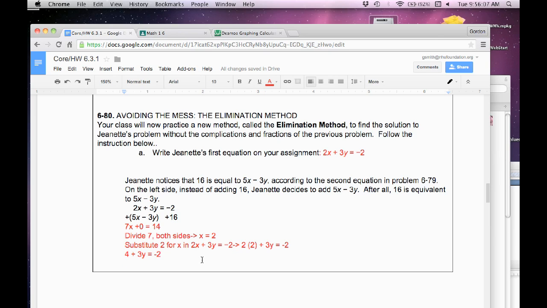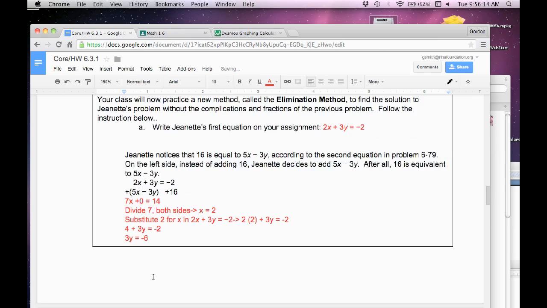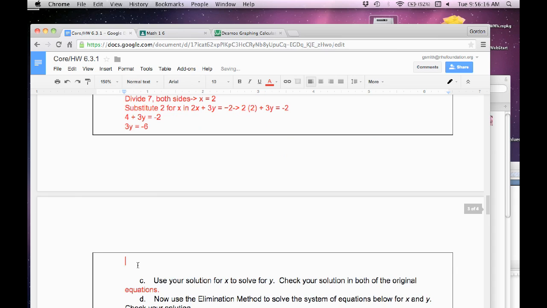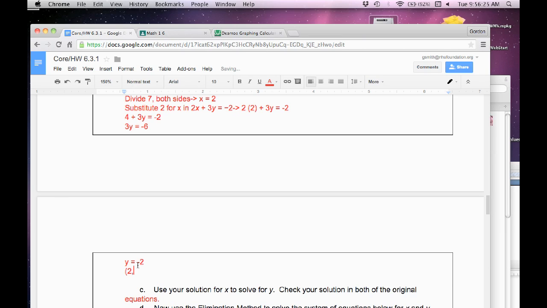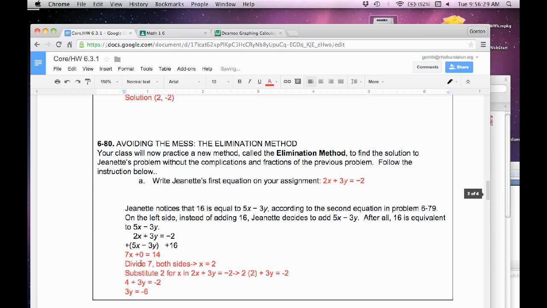I'm just going to be quick because we've already done this. 3y is equal to negative 2 minus 4, which is negative 6. We'll divide by 3 on both sides. We get y equals negative 2. So our solution is 2 comma negative 2, which is exactly what we got when we did it before.